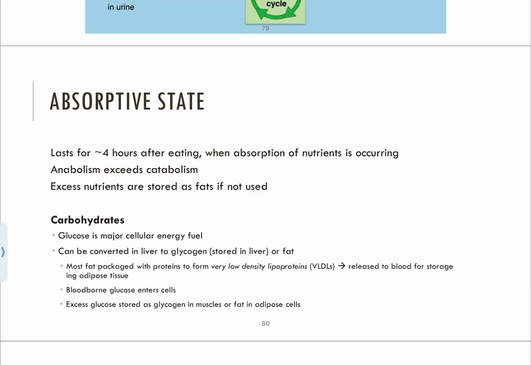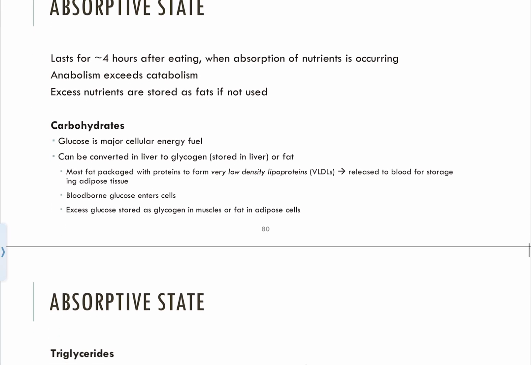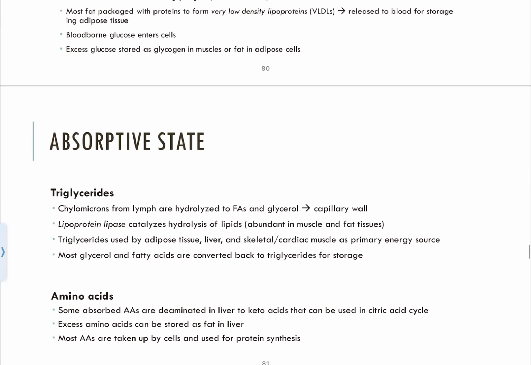Most fat is packaged with proteins to form what we call VLDLs, or very low density lipoproteins, and these are released to the blood for storage in adipose tissue. Blood glucose can enter into cells, and excess glucose is stored as glycogen. We can store our glycogen either in our muscles, or as fat in adipose tissue.